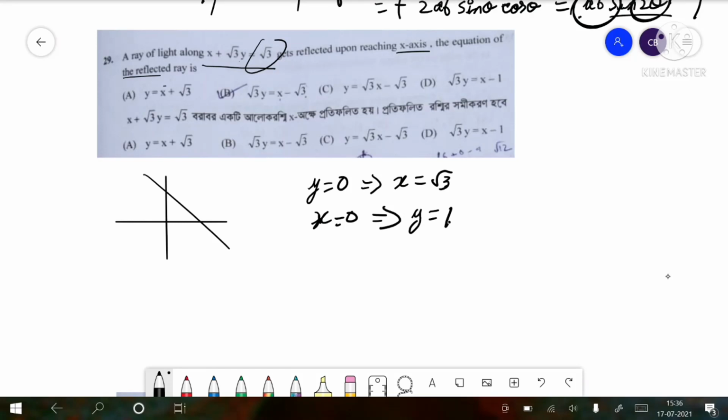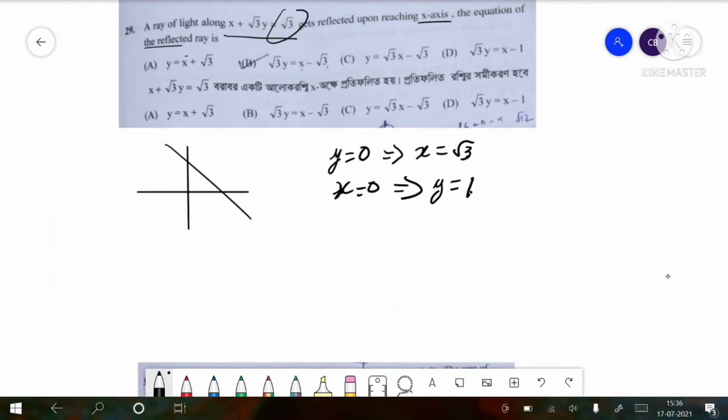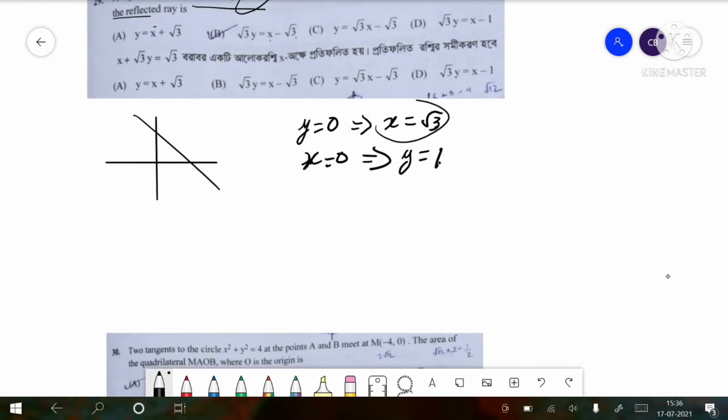Now we see that it is getting reflected across the x axis. If it got reflected on the y axis, the x intercept would be interchanged in terms of sign. When it gets reflected on the x axis, it basically means that the y intercept becomes the negative of its original value.